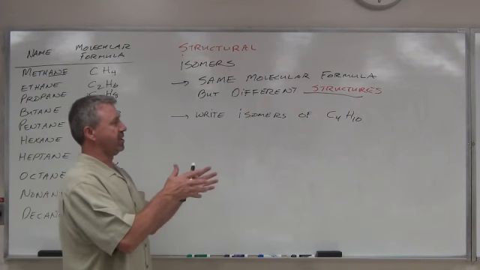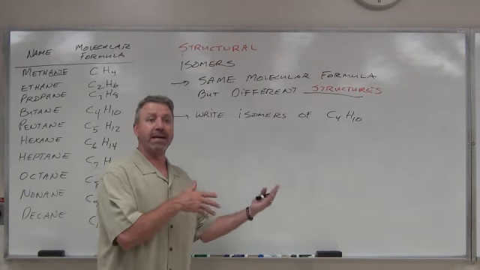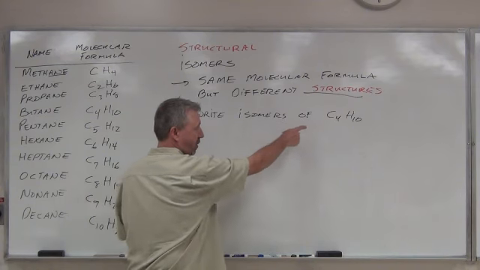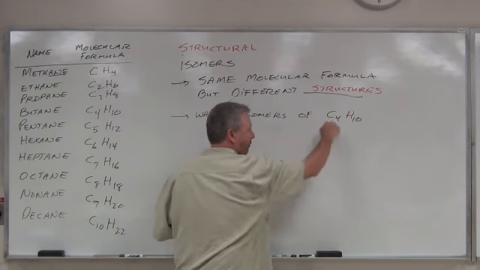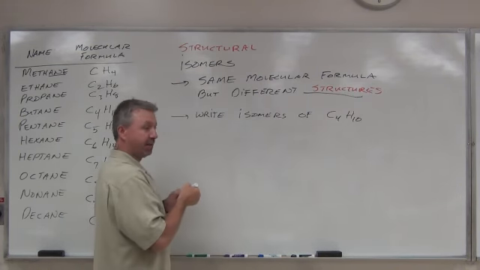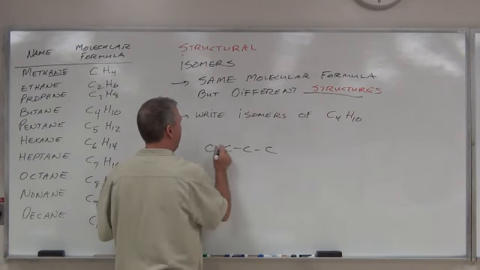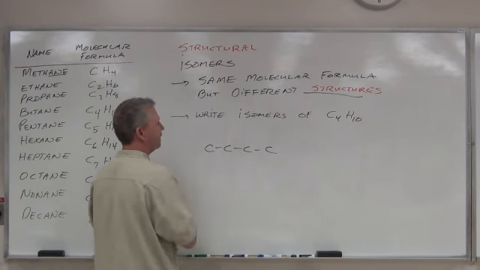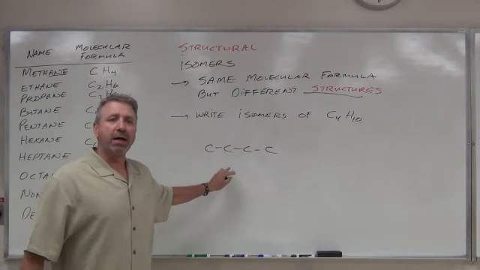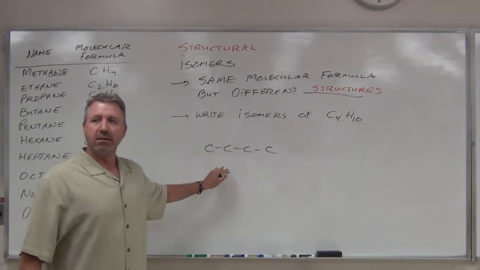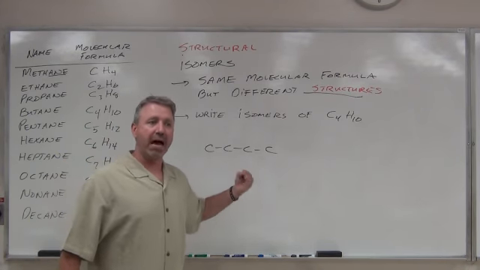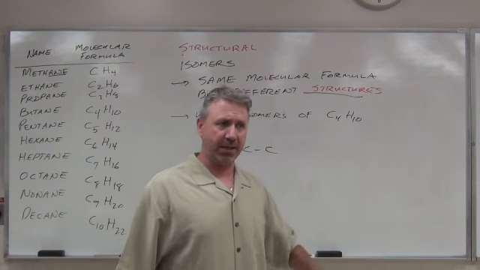The first thing we do is we write down the structure that has that number of carbons in a straight non-branched chain. 1, 2, 3, 4. There it is. I'm not going to write in the hydrogens yet. I'm going to write in the hydrogens after I have all of my isomers.